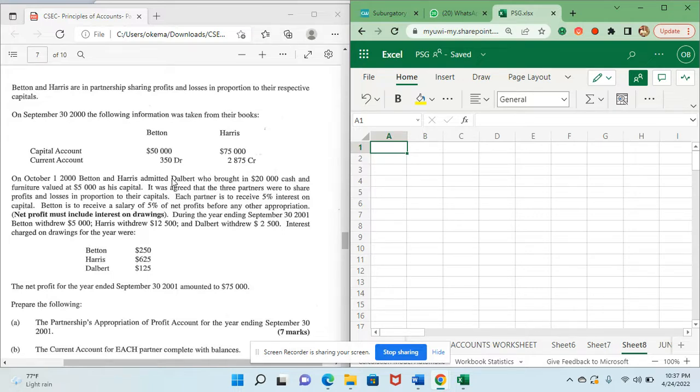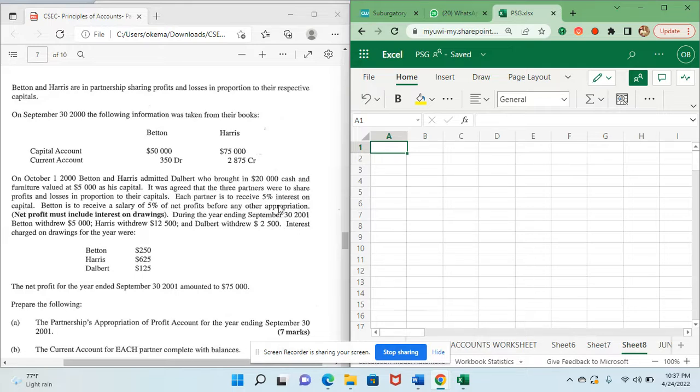They gave us the capital account balances and the current account balances. On October 1st, 2000, Beton and Harris admitted Dalbert, who brought in $20,000 in cash and furniture valued at $5,000 as his capital. It was agreed that the three partners were to share profits and losses in proportion to their capitals.